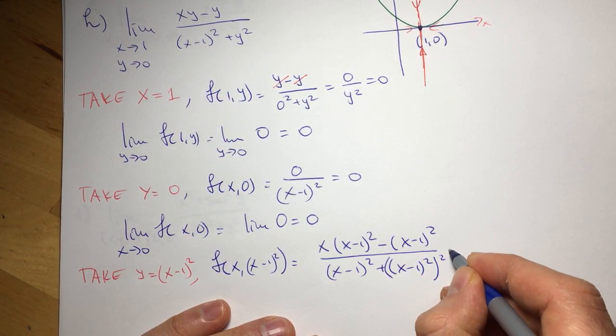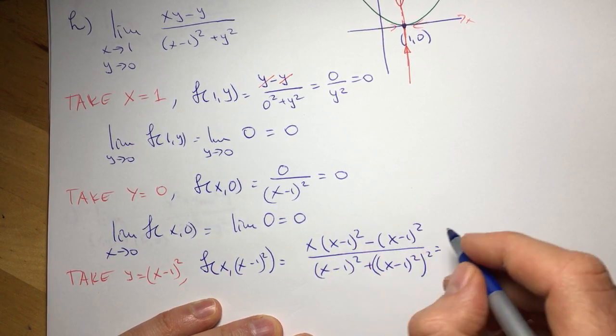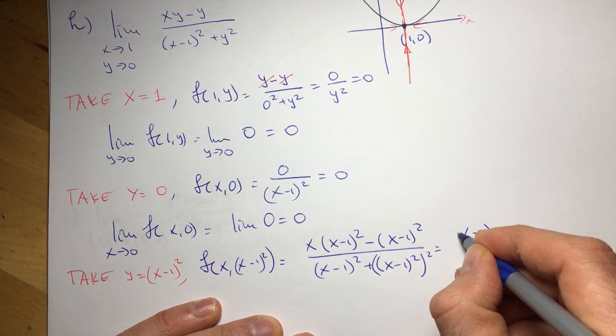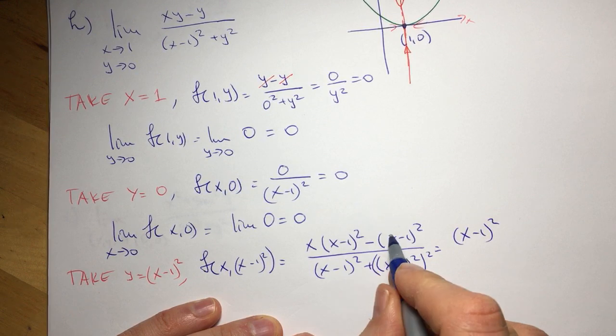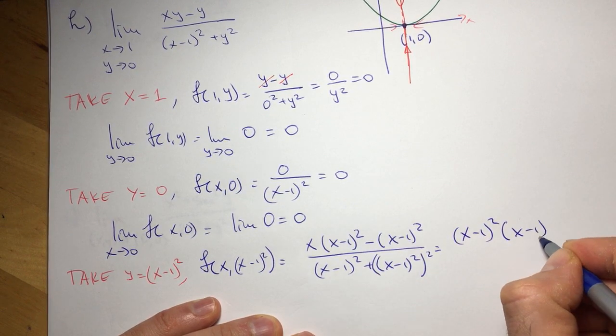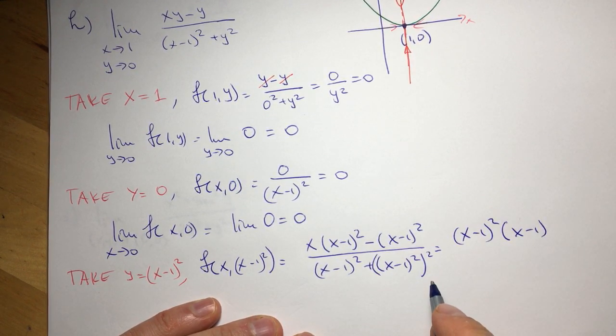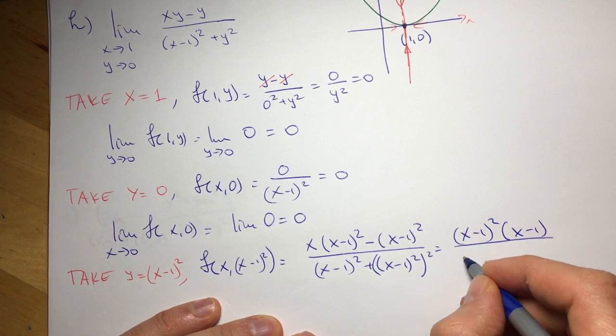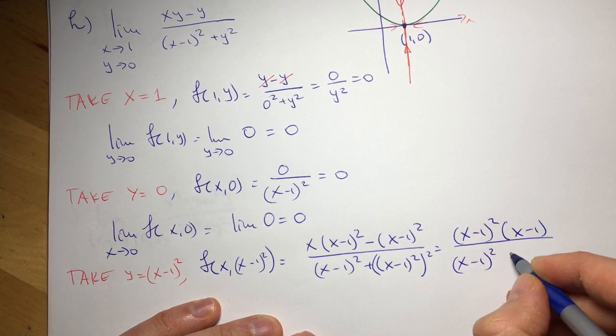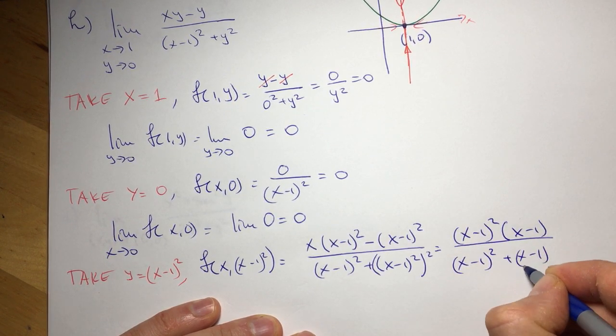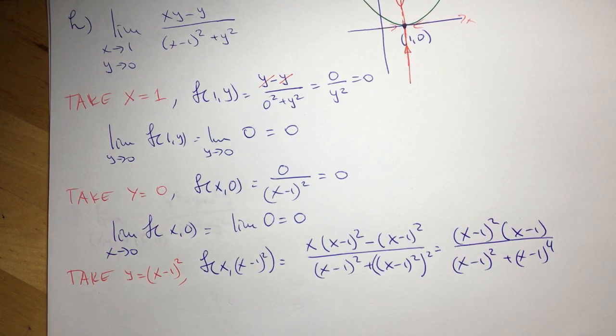Here we can factor out (x minus 1) squared in the numerator, and we're left with (x minus 1) over (x minus 1) squared plus (x minus 1) to the power of 4.